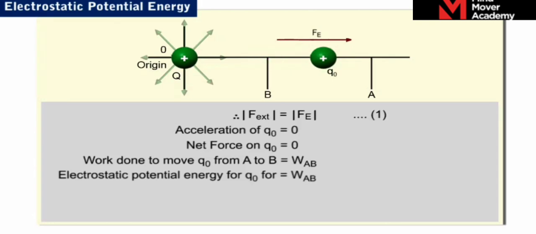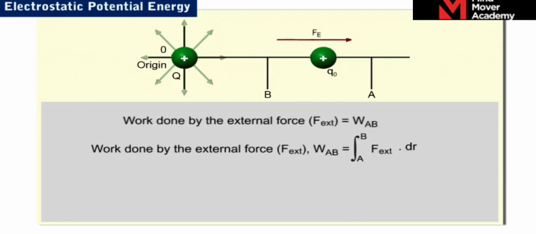The sum of the kinetic and electrostatic potential energies of charge Q naught is always a constant, or conserved. We know that the work done by the external force F to move charge Q naught from point A to B is denoted by WAB.